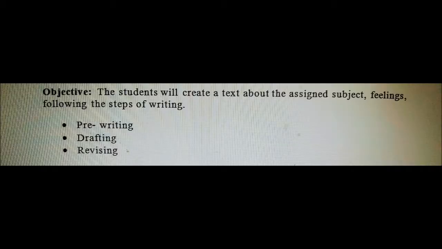The objective for this activity is that the student will create a text about the assigned subject, feelings, following the first 3 steps of the writing process: pre-writing, drafting, and revising. In the pre-writing process, I introduced the concept of brainstorming, but in this case, it will be guided.